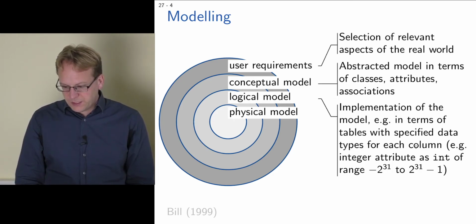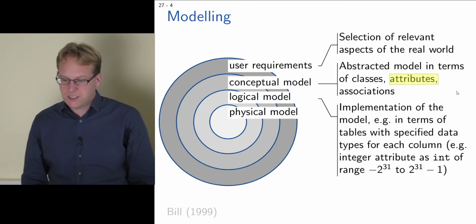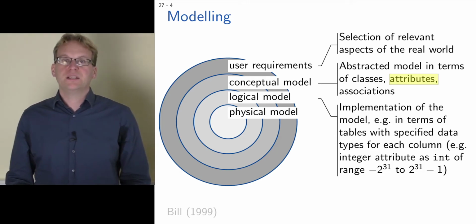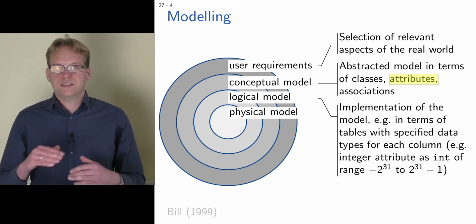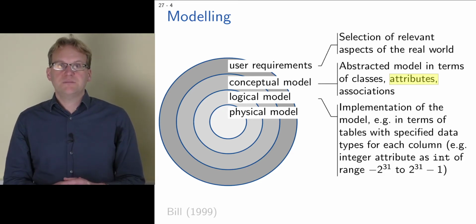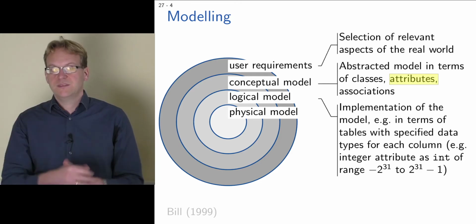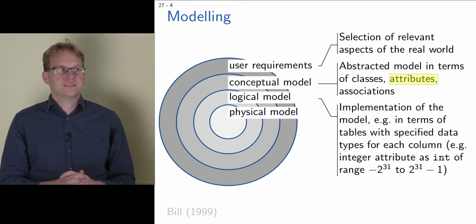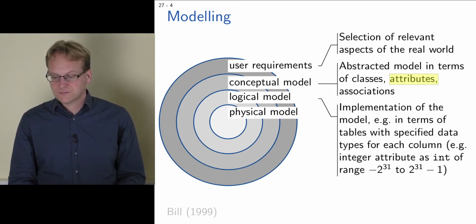And well, here we have already attributes, like the height of the building is one attribute. And we can say that conceptually that is a real number. A real number is a mathematical concept. A real number has arbitrary precision. It has not a limited number of digits, for example.